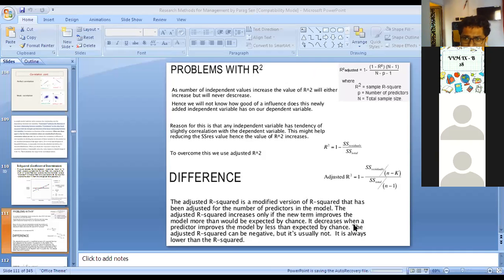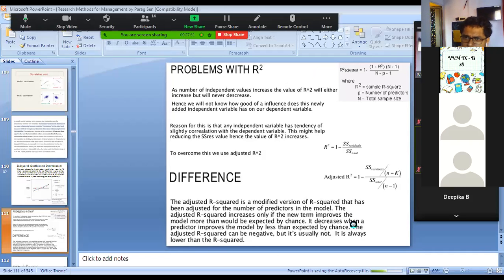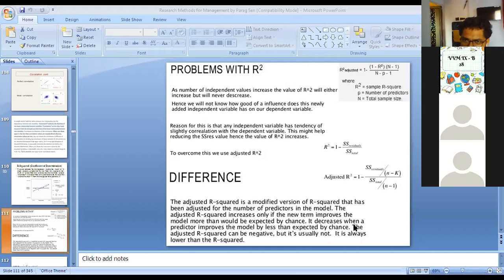Why? Because I have already told you that if you take any 2 variables arbitrarily or randomly, there is a chance there will be some relationship between them. So if you increase the sample size, there is an automatic tendency that your R square value will go up. That is based on the formula for R square.